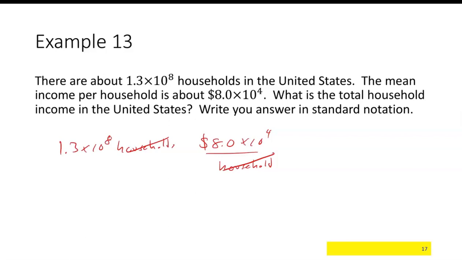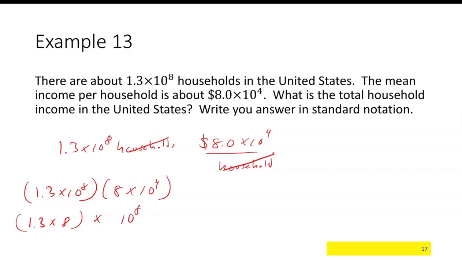So I have 8 times 1.3. So let's write this. 1.3 times 10 to the 8th, and I'm multiplying by 8 times 10 to the 4th. And we can remember the commutative property. I can rewrite this as 1.3 times 8 times 10 to the 8th times 10 to the 4th.